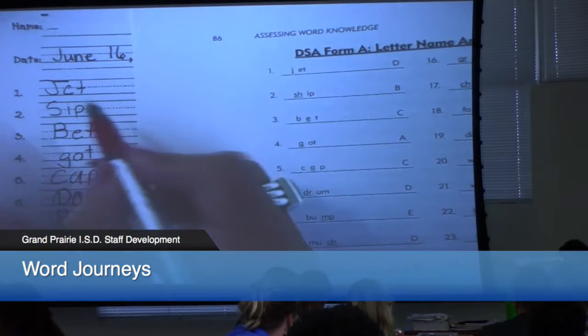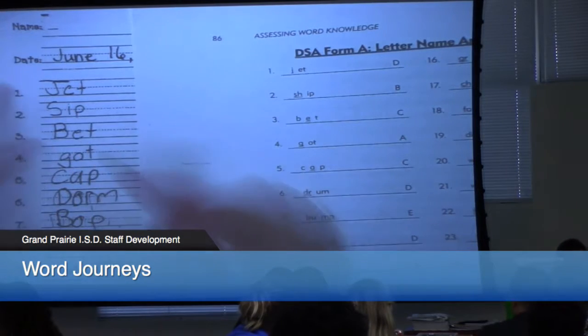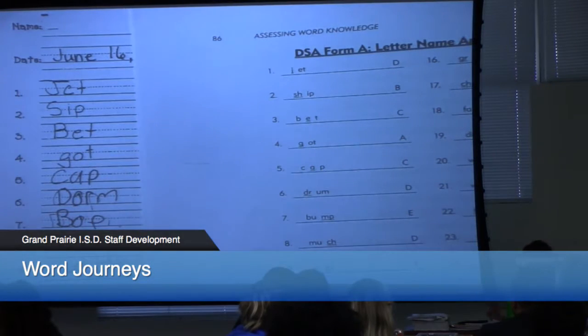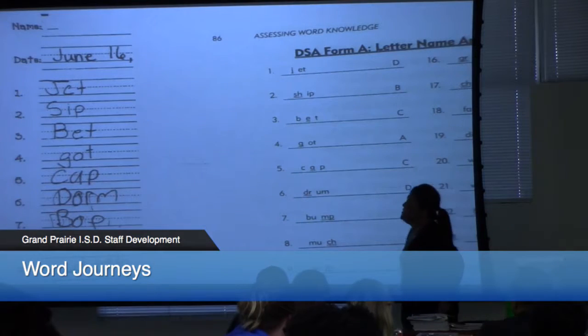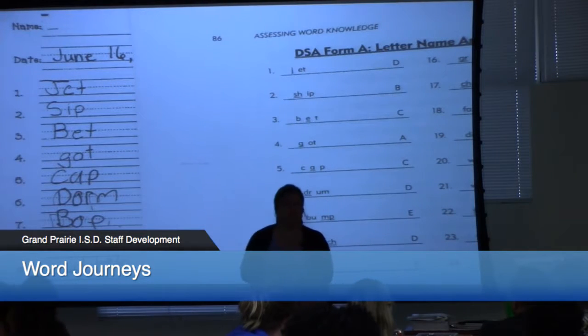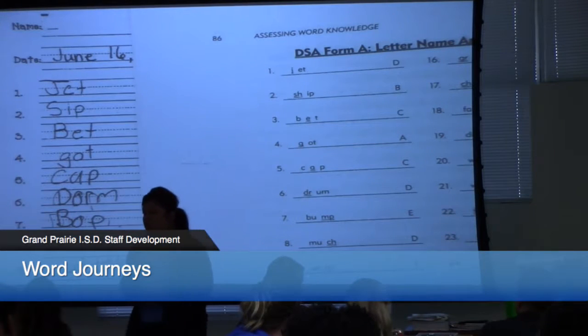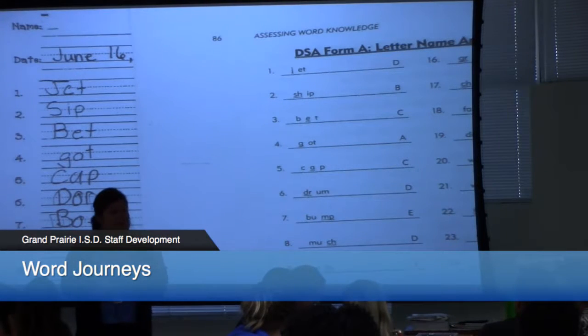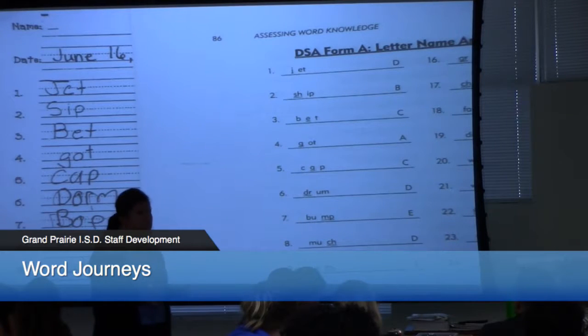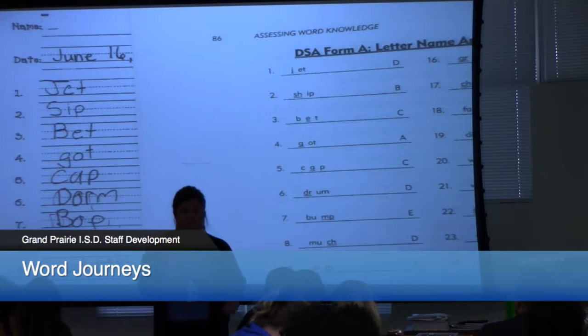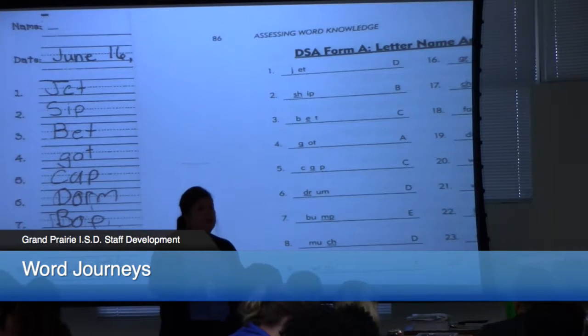And so here for our friend Amazing Grace, did she spell it correctly? Okay, so some of you are looking at this and saying, but it's a capital letter. We do not mark out for the inventory capital letters at the beginning. Now if you want to do that in class, after you've given your kids practice and you want to hold your students accountable for that, go for it. But for the assessment part, the inventory, we do not mark out capital letters, okay?